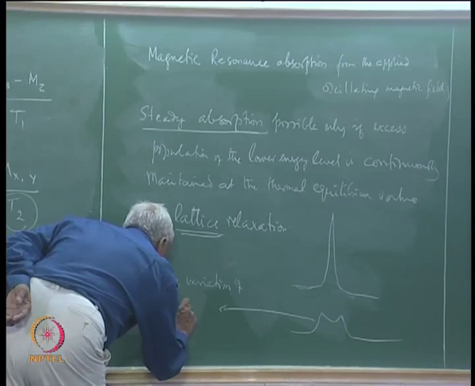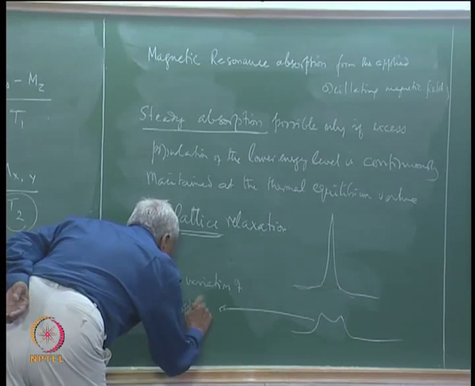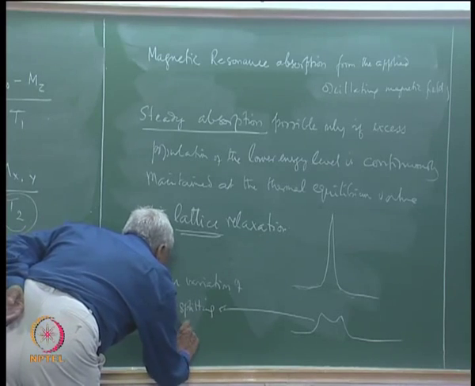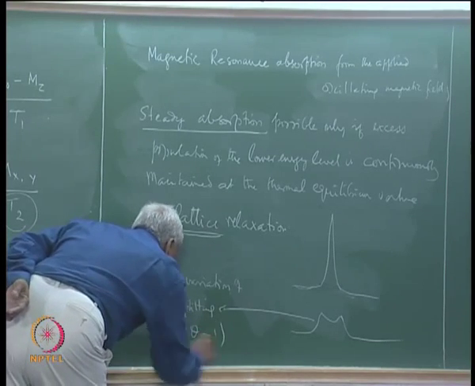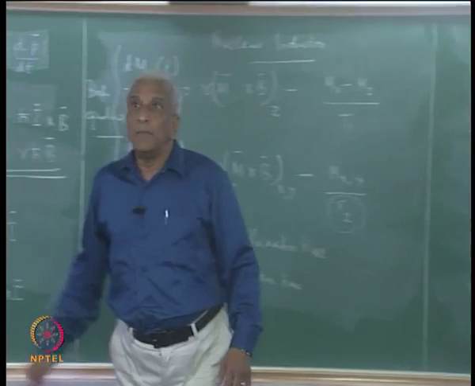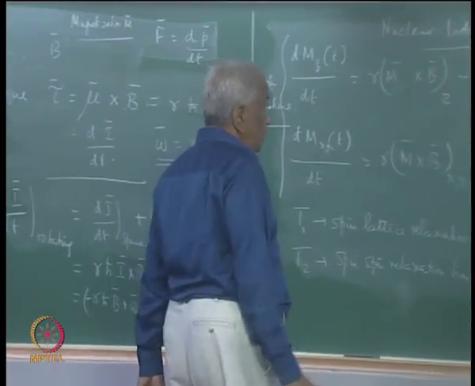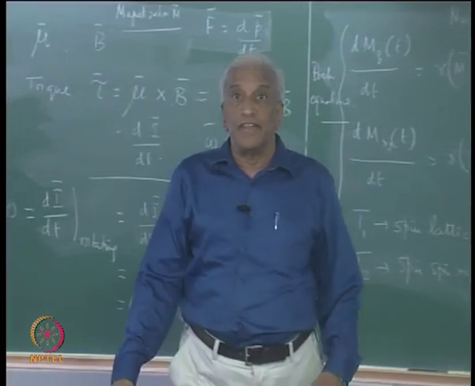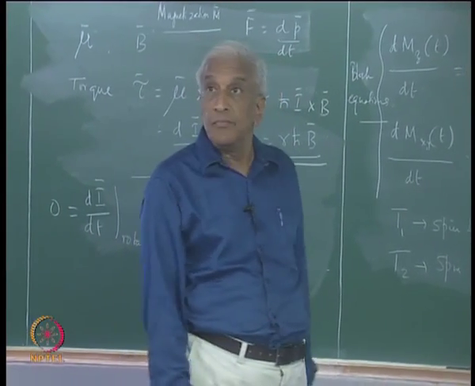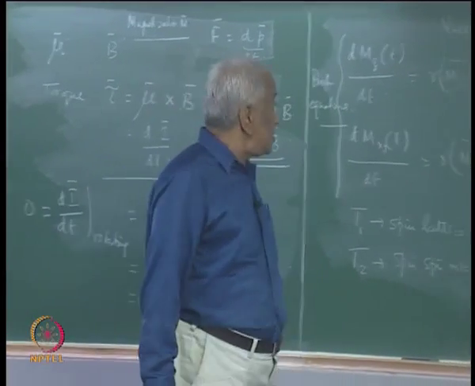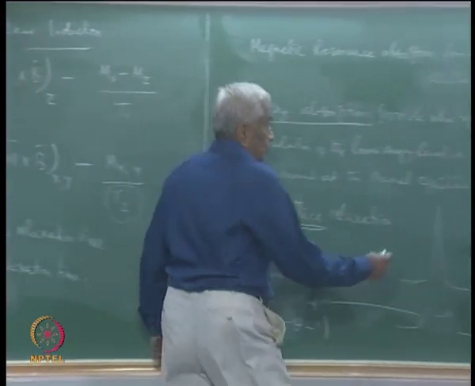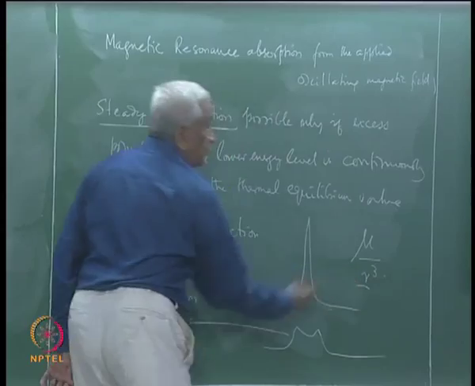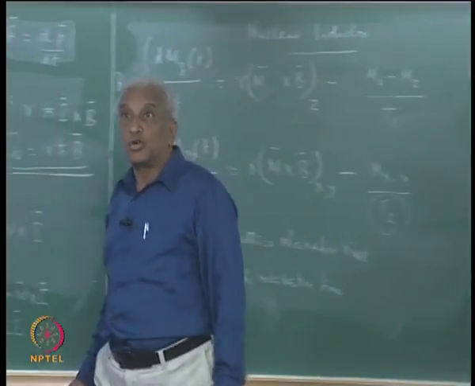Since it is dipolar splitting, this angular variation can be shown to have the form 3 cos square theta minus 1. So, by measuring this angular variation, one can measure the orientation of the interproton vector inside the crystal, and the splitting is proportional to mu by r cube. This is the dipolar field, where r is the distance between the 2 protons.